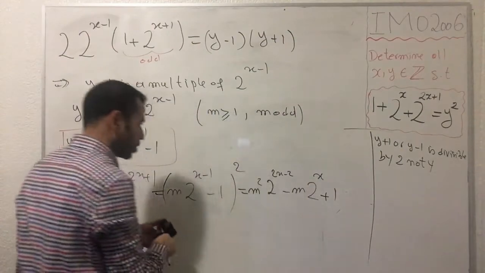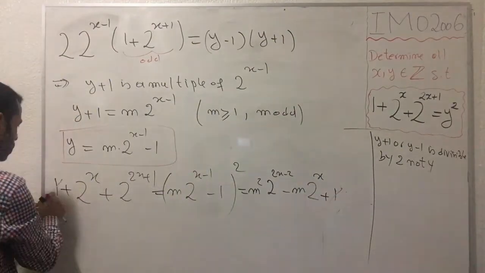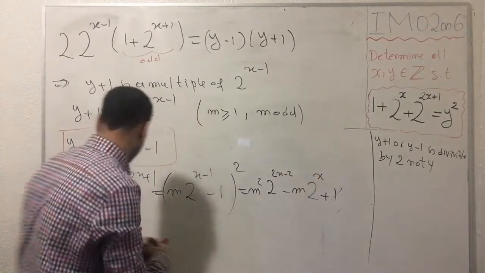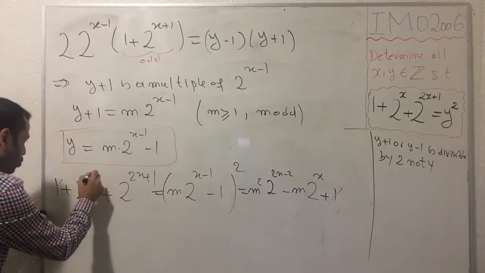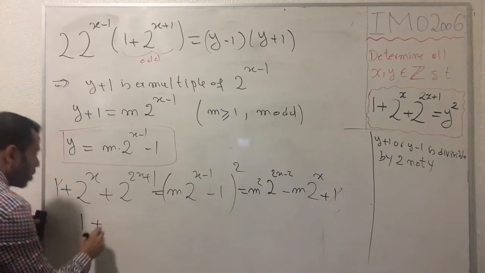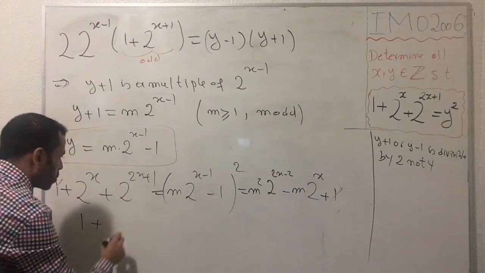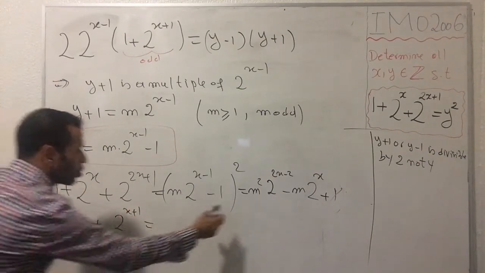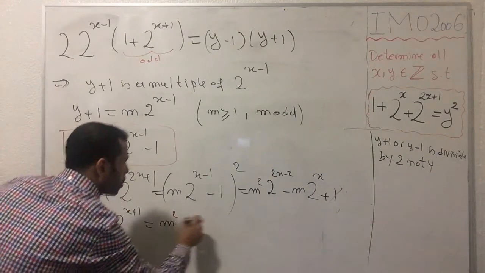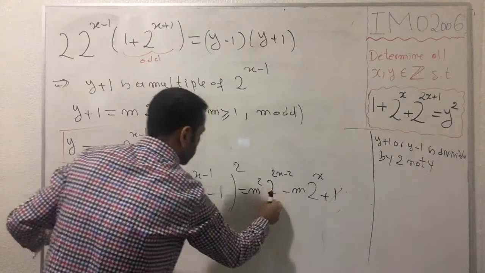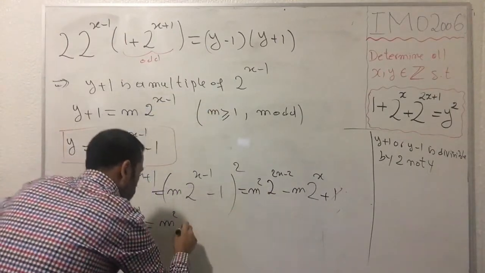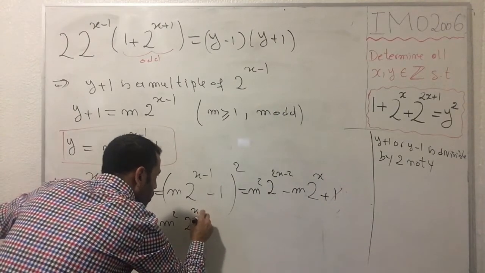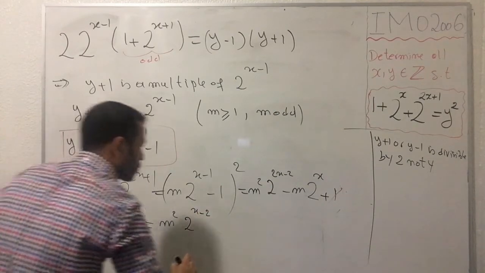I'm going to cancel out the number 1 from both sides and divide the whole thing by 2 to the x. 2 to the x divided by 2 to the x is 1, so this gives me 2 to the x plus 1 over 2 to the x, which is 2 to the x plus 1. And m squared divided by 2 to the x gives m squared times 2 to the x minus 2.